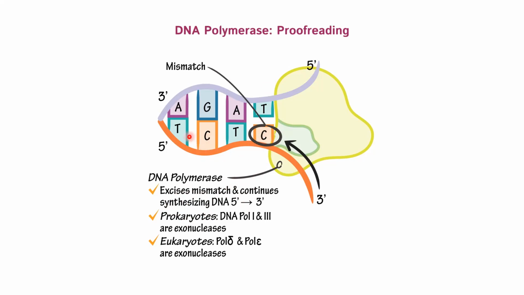So what are the two functions that DNA polymerase does? The first function is that it's going to synthesize these 3',5' phosphodiester bonds. And the second function is that it's going to proofread. It's going to make sure if a wrong nucleotide comes in, it does not form the 3',5' linkage. Instead, it spits it out, or it excises it. It takes it out from the strand and makes sure that another one comes in.